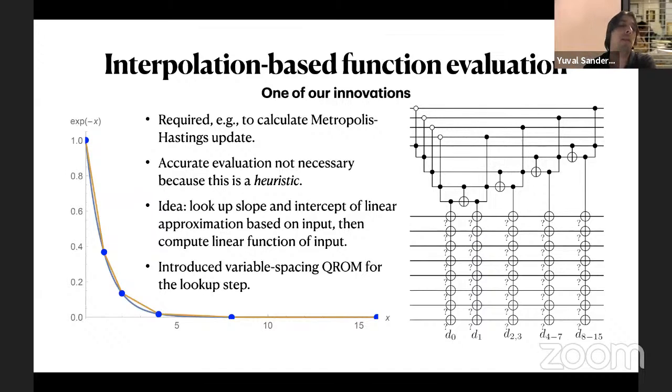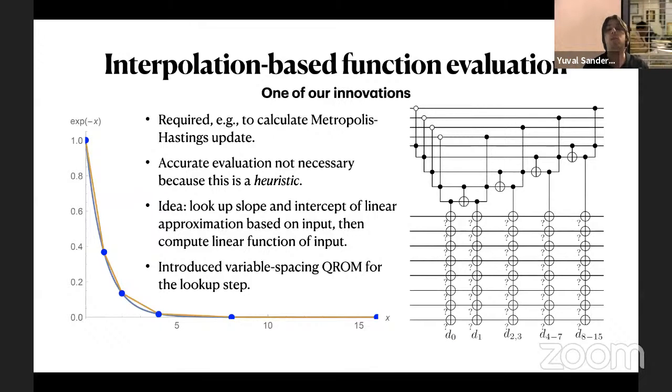So the idea is that what we did in our paper was to say, instead of trying to evaluate the exponential very exactly, we just look up which region the input is in. These various orange lines are indicating the lines between the blue dots, and if the input is between two blue dots, that tells us the slope and the intercept of the linear function we are supposed to evaluate.